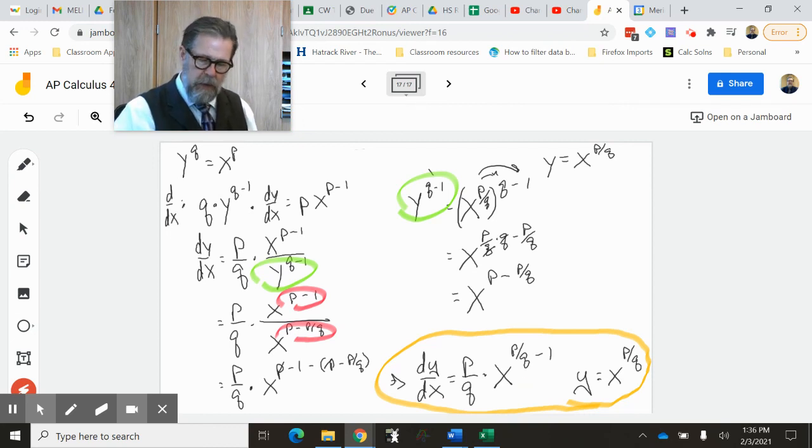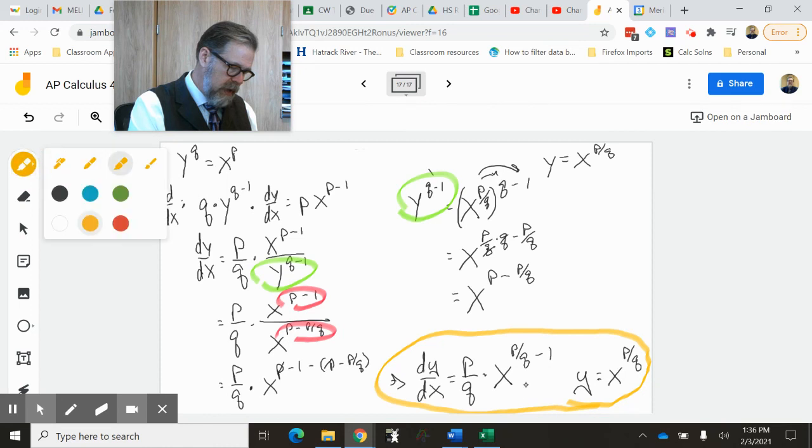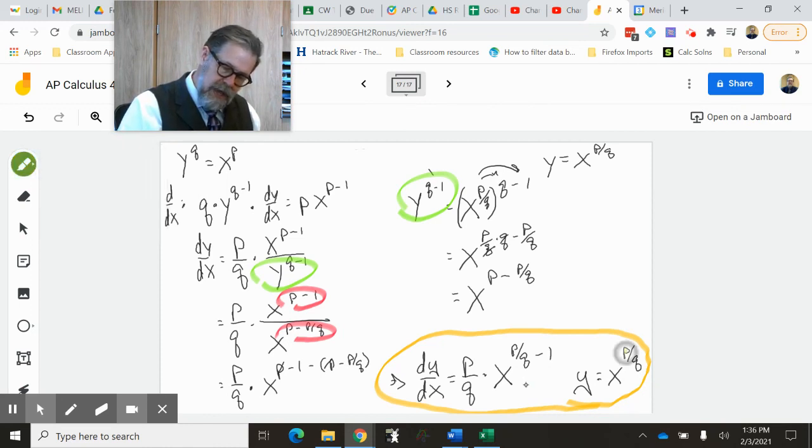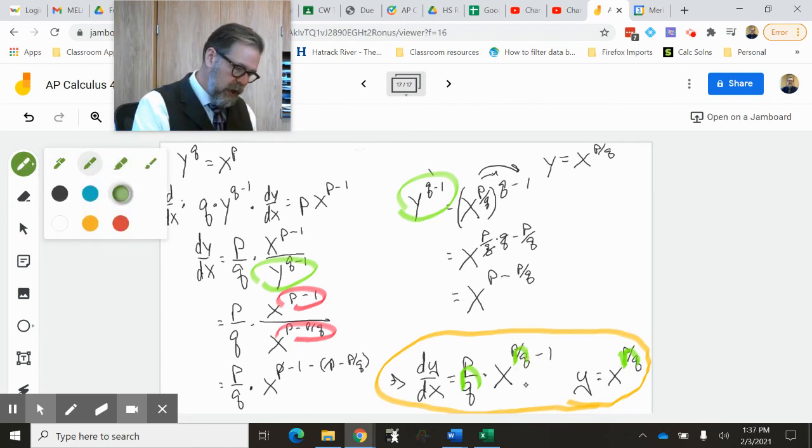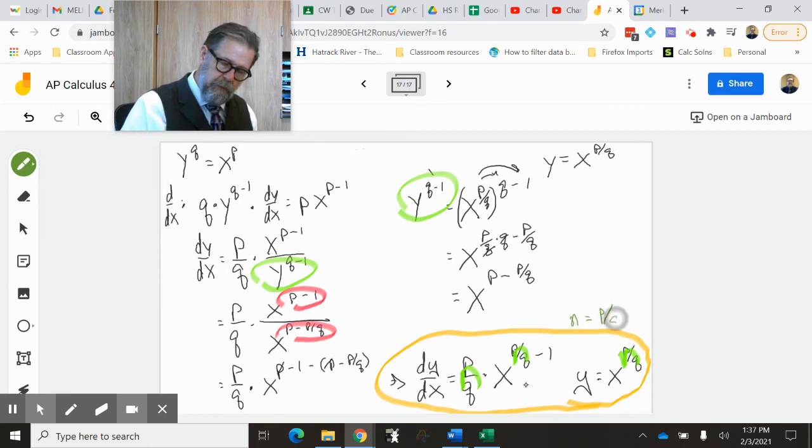And since n was equal to p over q, it would be fair to then just say that this is x to the n, and the derivative is n times x to the n minus 1, given where we started, which is that n is equal to p over q.